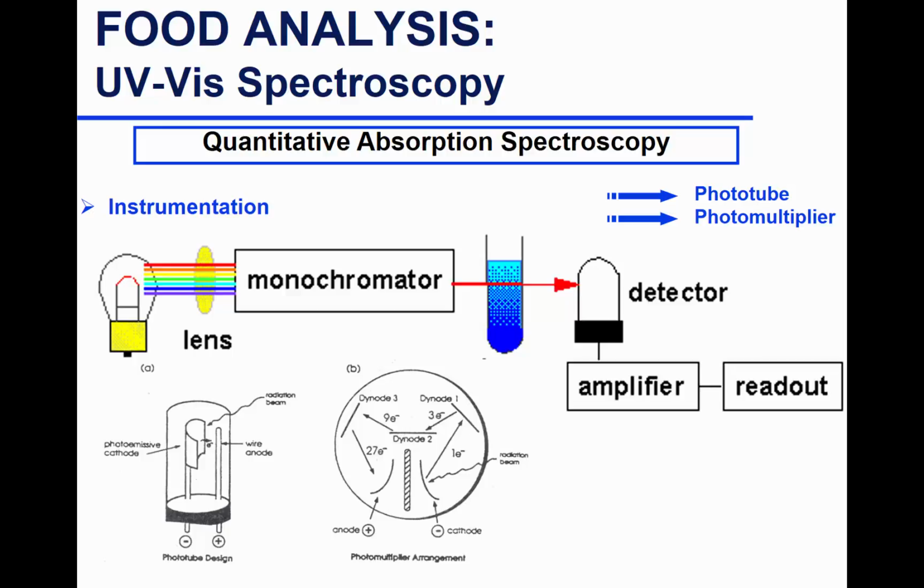By the end, instead of 1 electron, you can see 27 electrons, so the signal is amplified. Those of you that did the AA this week had photomultiplier detection in there.